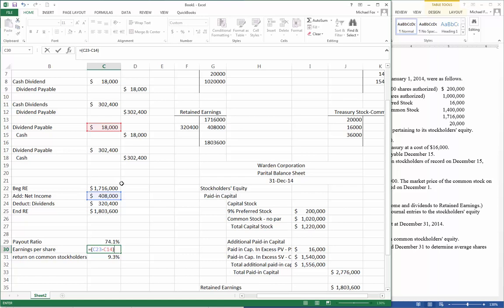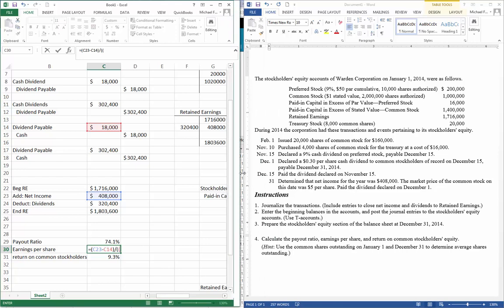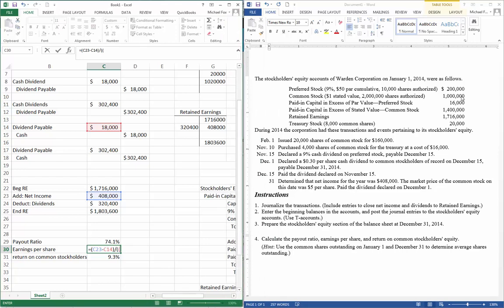So again, we have to look and say what were the number of shares at the beginning of the period, which we know we had 1 million shares because it was $1 stated value, and there were $1 million worth, so we had 1 million shares, less treasury stock. So we had 980,000 shares. I'm sorry, it's only 8,000. So 1 million minus 8,000 is 992,000 shares at the beginning of the period.